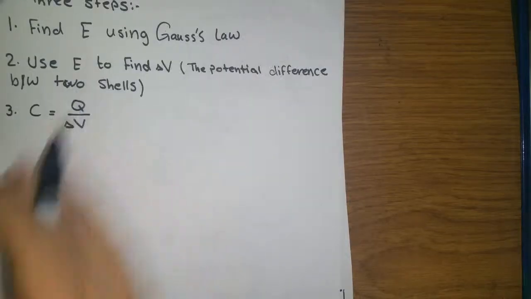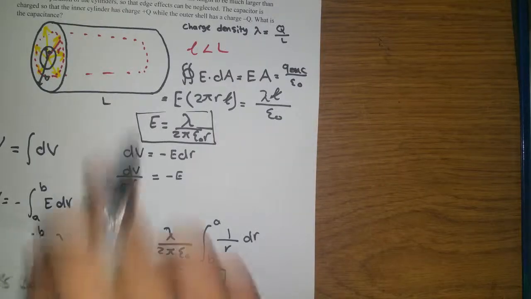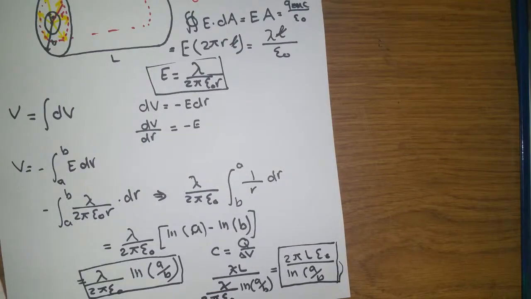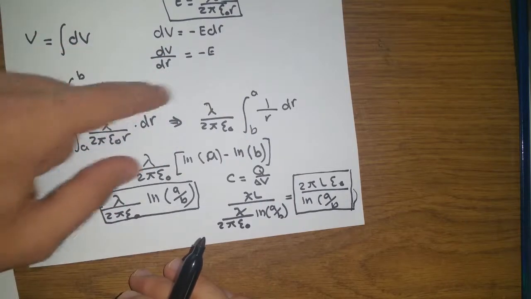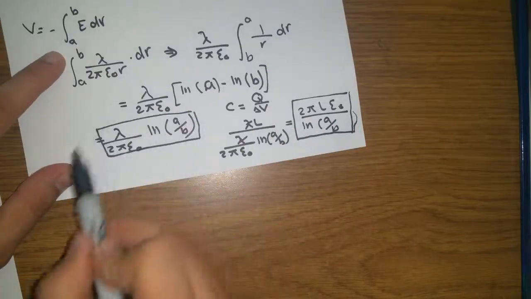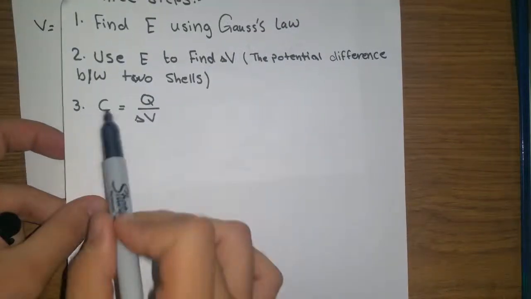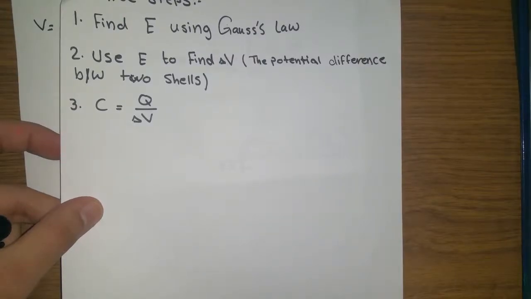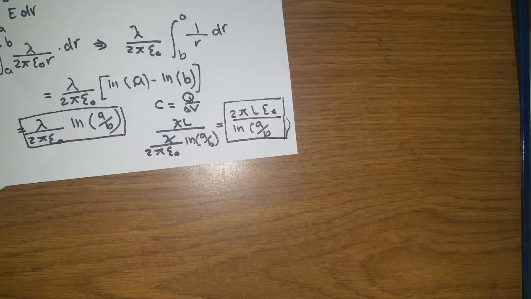Then step 2, we used E to find delta V, that is the potential difference between the two shells, using V equal integral of dV and dV equal negative E dr and dV over dr equal negative E, and we substituted and found the potential difference. Then, third step, we use the capacitance equation to find the capacitance of the cylinders.